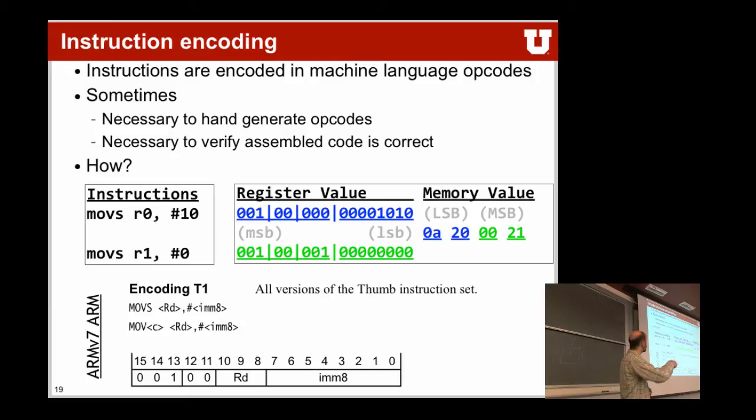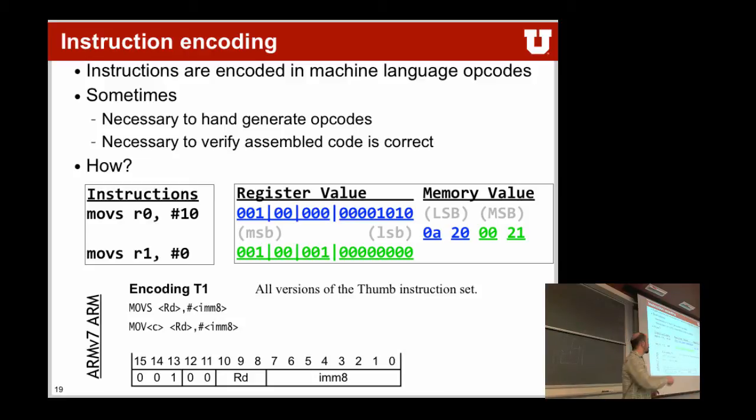So the one up here gets encoded into 001, 00, 000, 00001010. If you look down here, you can see exactly the beginning code. The register will be R0, so that's a 0, and then 10 is encoded down here as 0A in hexadecimal. If you look at this one here, the difference is that the destination register is now register 1, and the immediate value is 0.